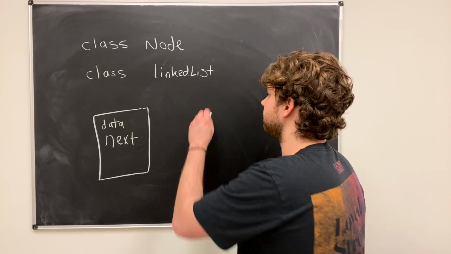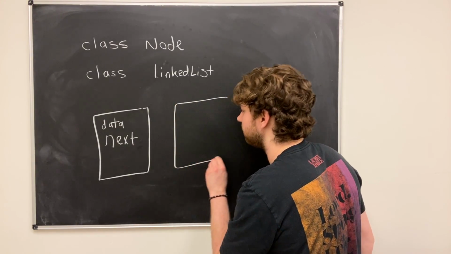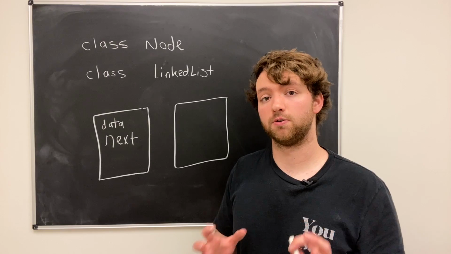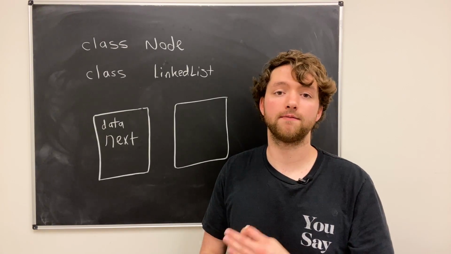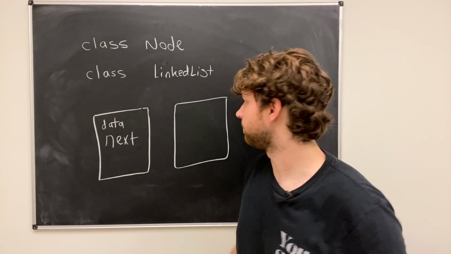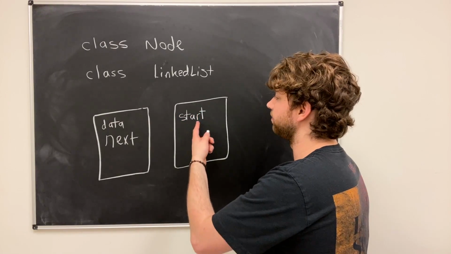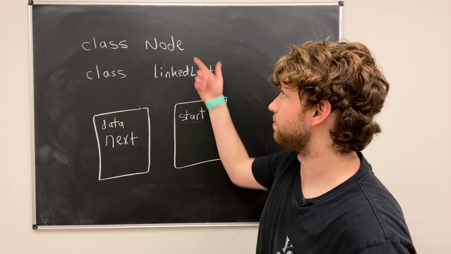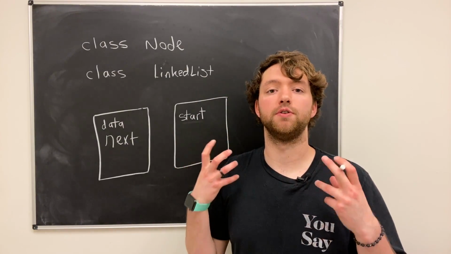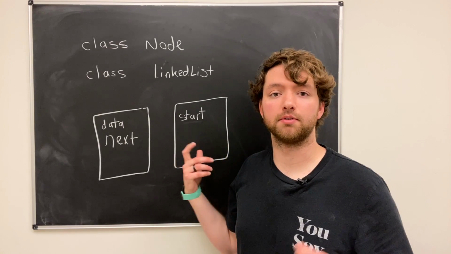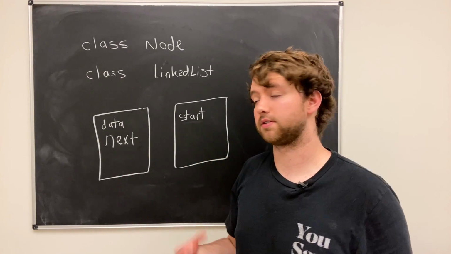For the linked list, this is going to be a little bit different. We're going to contain the starting node of the list, so that we can always have a reference to where the list starts. So you have a start. If you're in a typed language, that's going to be of type node, so basically a pointer to the very first node. Then you're going to have methods or operations to do things with this list.